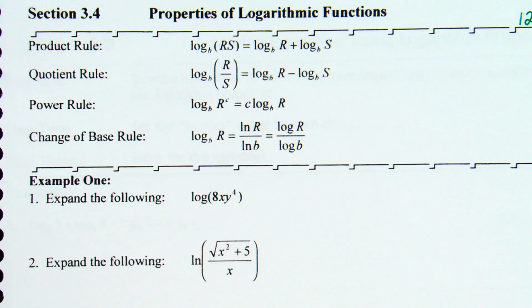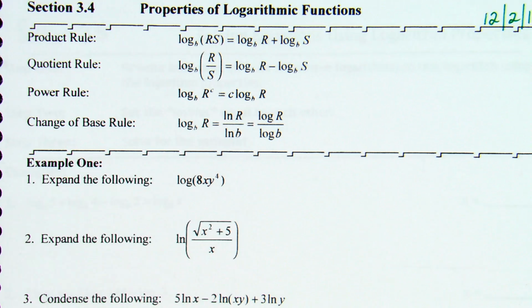The first types of examples are kind of getting us ready for equations, what we might need to use with equations. Expand the following. So log of 8xy to the 4th. Expand that means instead of having one log with everything in one log, I want us to expand this into multiple logs. So working to use those properties up there.